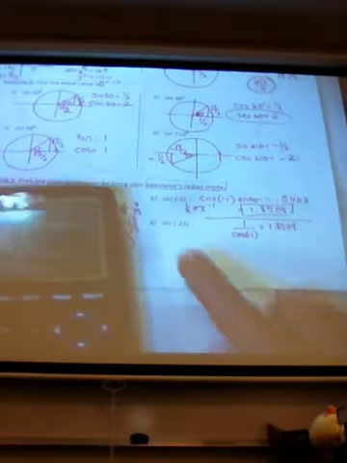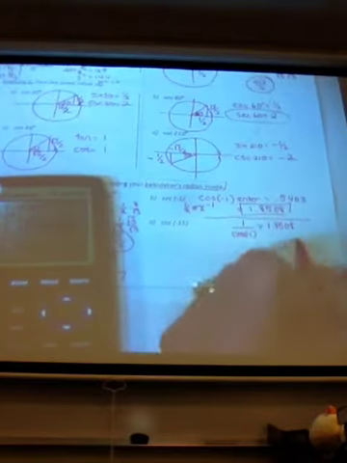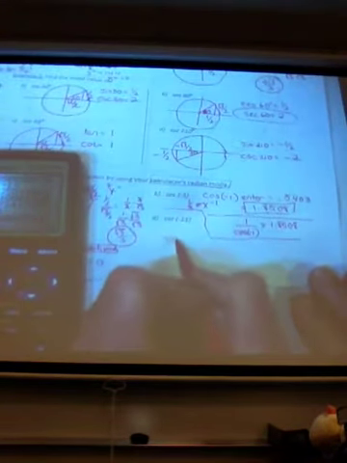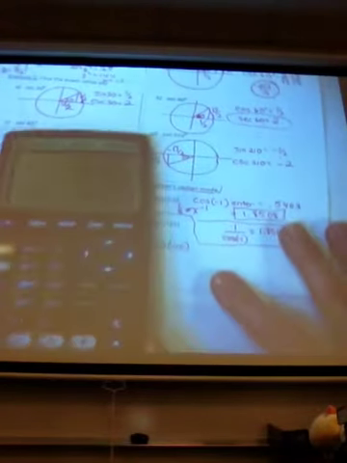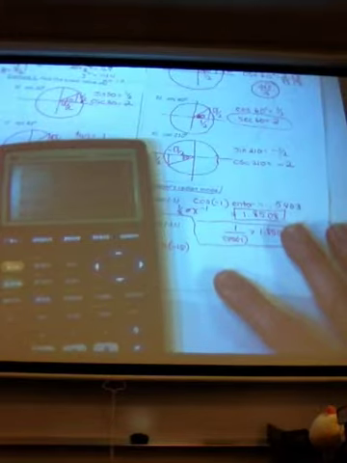You could do 2 ways on here. You could go the sine of -15, enter it, and then take x to the -1.